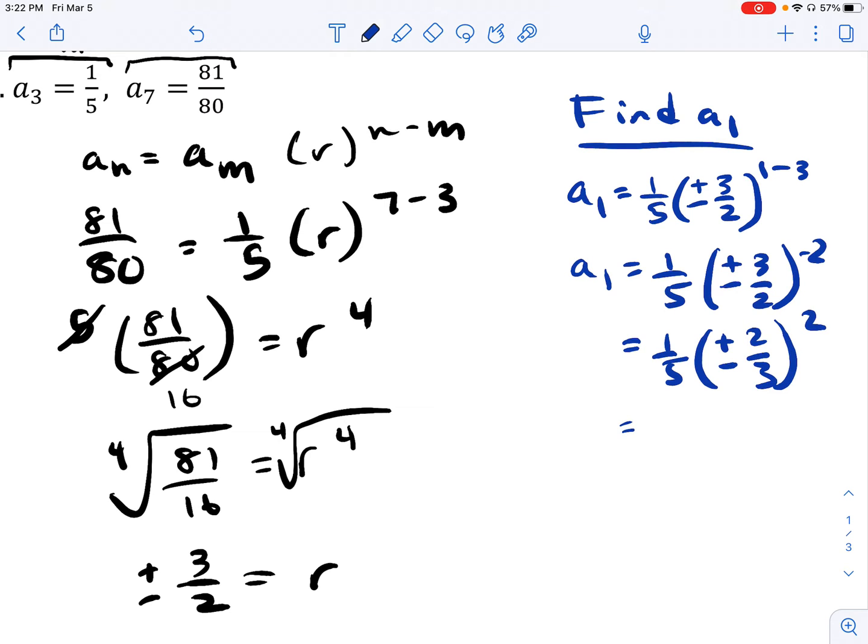So if I simplify this, this is going to give me 1/5 times 4 over 3 squared, so that's 4 over 45. And the fact that I'm taking this to the second power takes care of the plus or minus. So my first term must be positive 4/45.